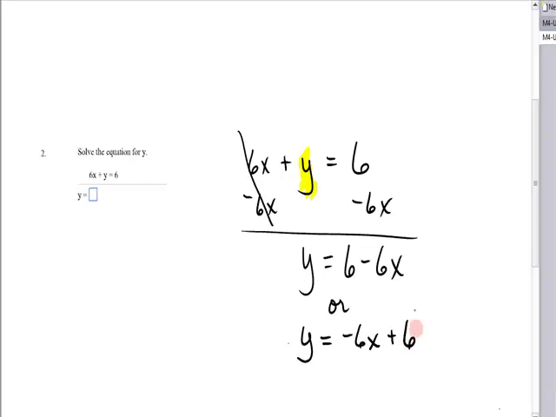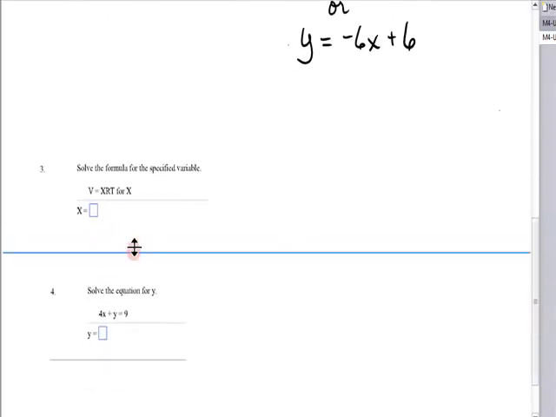You might wonder, why in the world would I consider this one? It's because I know what's coming up in chapter 3. It is customary for it to be y equals the x term first, then the constant term second. So I think it's a good idea to get used to that. This is negative 6x plus 6 is what y is equal to.